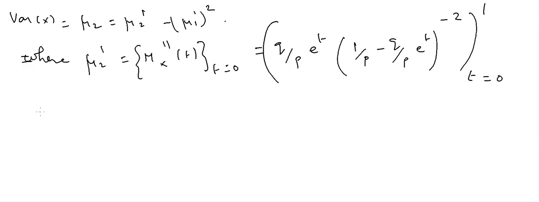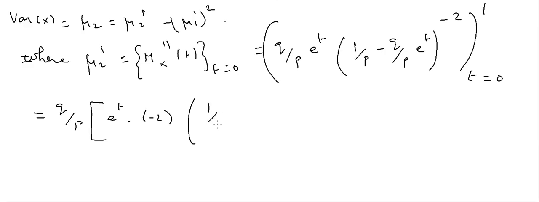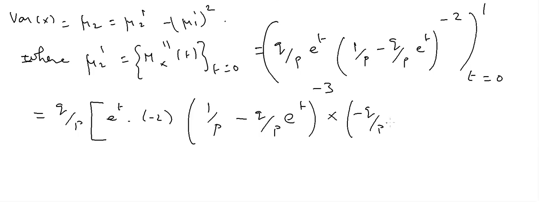q by p is constant, we can take it out. When you consider e power t as constant, you differentiate minus 2 (1 by p minus q by p e power t) whole power minus 3 into minus q by p e power t.